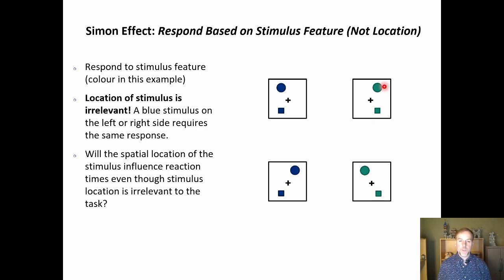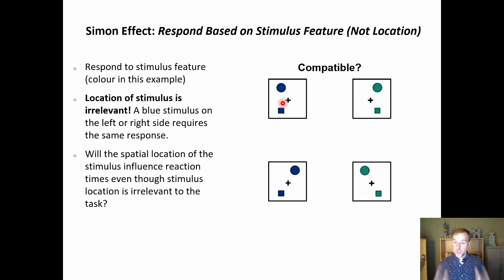And the question with the Simon task is, will the location of the stimulus still matter? Will your brain still think about whether it's on the left or the right? And if it does, you might be faster in these conditions. If your brain says, ooh, left goes with left, I like that, then maybe you're faster in this condition, even though you're not supposed to focus or even need to think about the location.